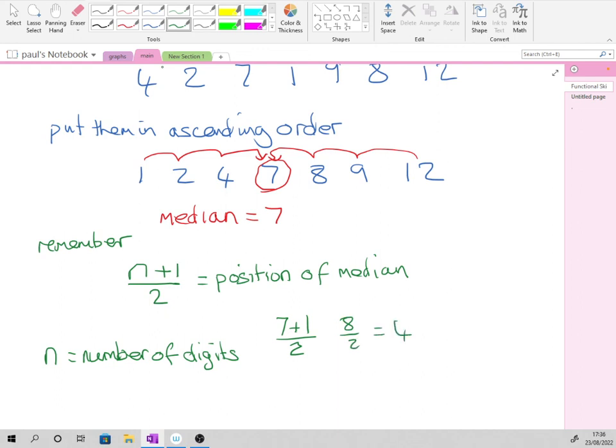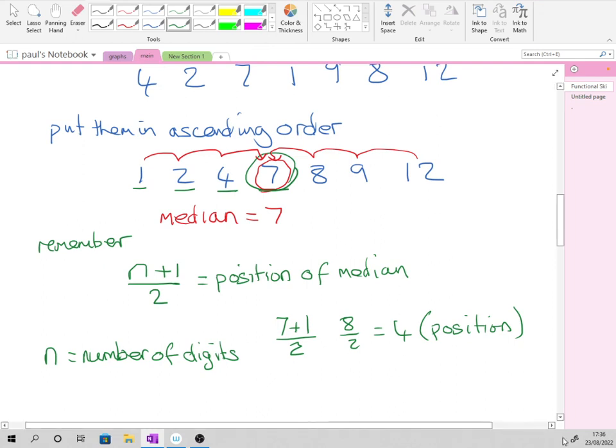So it means that the 4 is the position of the median. Okay, so you go from either end and count in 4 numbers. 1, 2, 3, 4. There. That's where the median will lie. It doesn't tell you what the median is, it just shows you where it is.